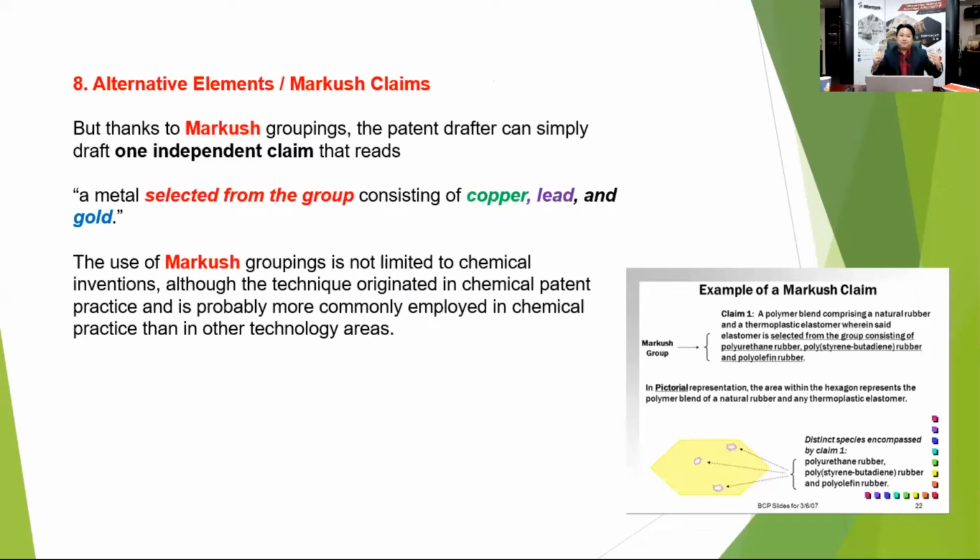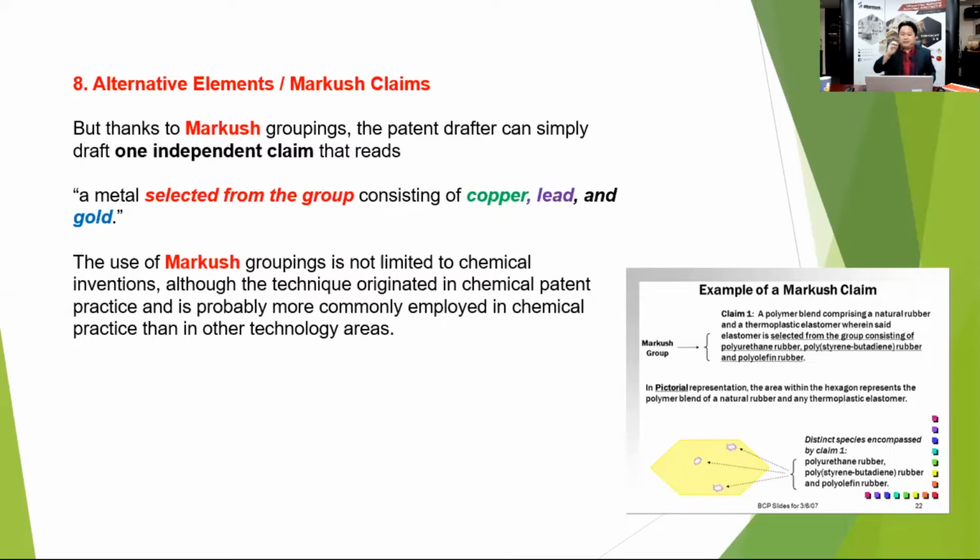So in this one independent claim, I will write the claim in such a way that it reads like this: a metal selected from the group consisting of copper, lead, and gold.